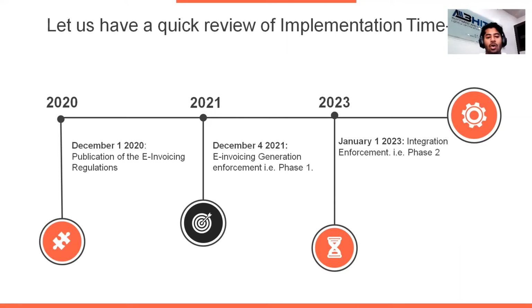Everything has to be done according to the regulations set out by the ZATCA. Then January 1st, 2023, will be the integration enforcement phase, which will be the second and final phase. This would be reporting of the invoices to the ZATCA authorities through their portals.